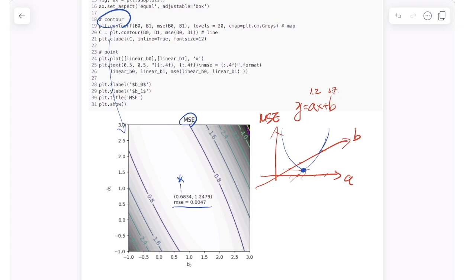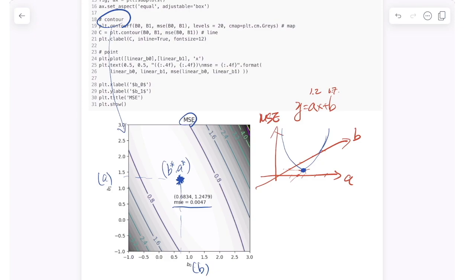And its corresponding parameters we call A star and B star. Sorry, B0 should be B, A, B1 should be A, right? So that is the B star, A star will be this value.